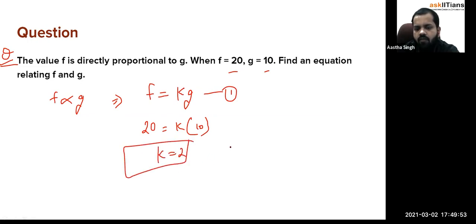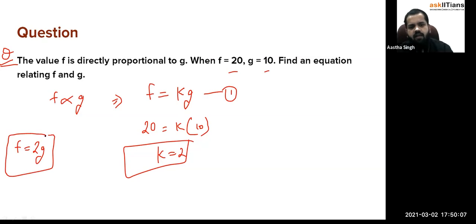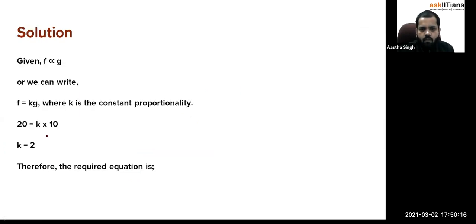So what will be our required equation between F and G? That is F is equal to 2G.